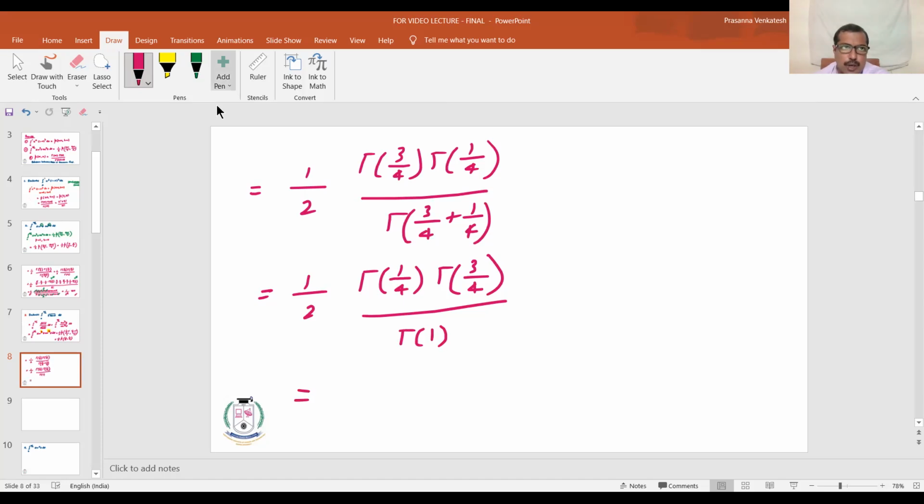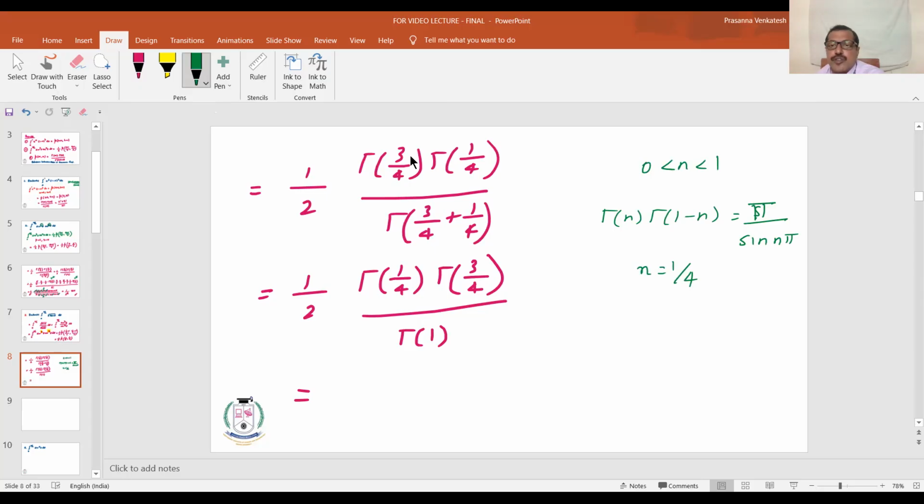This is equal to, now observe the result. Gamma of n into gamma of 1 minus n is pi by sine n pi. Here value of n is 1 by 4 because the value of n should lie in between 0 and 1. So if you substitute 1 by 4, you will get this is equal to 1 by 2 times gamma of 1 is 1.